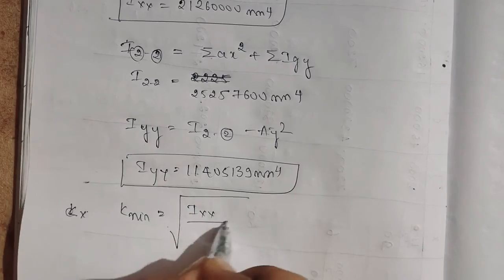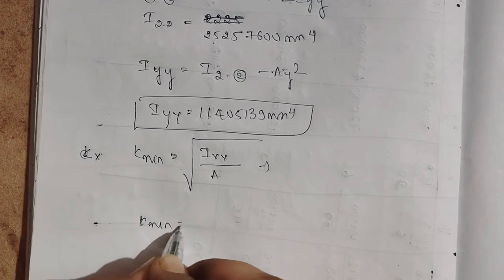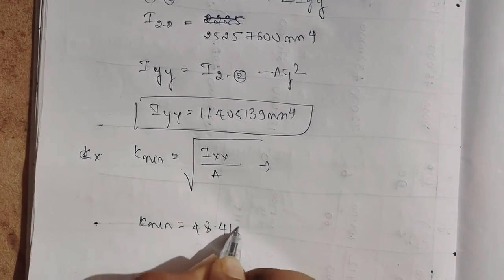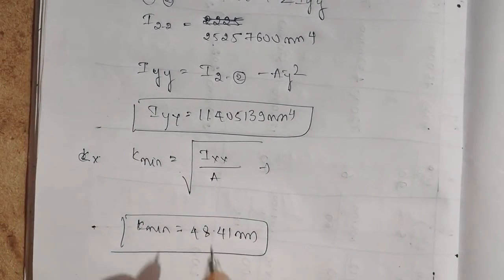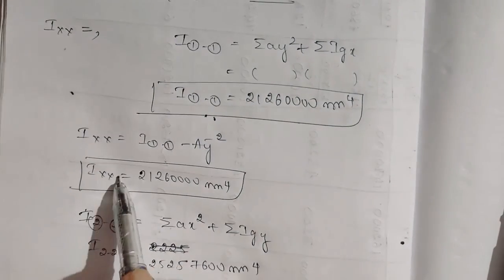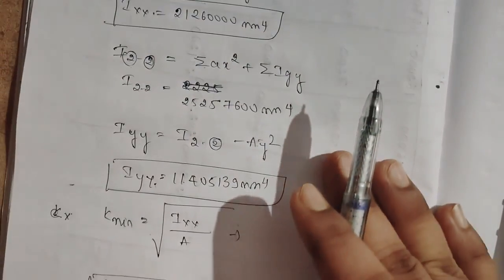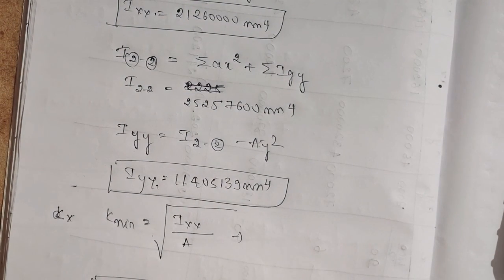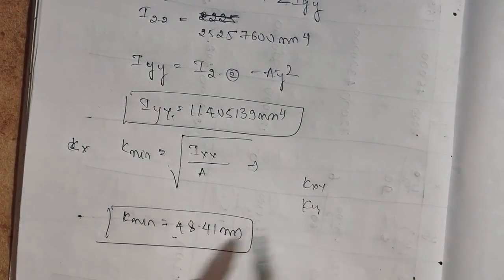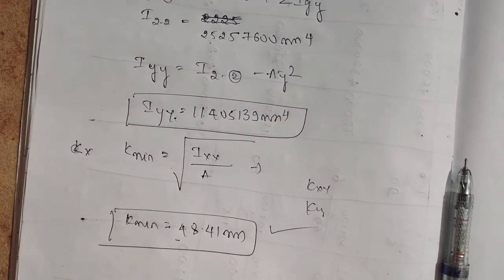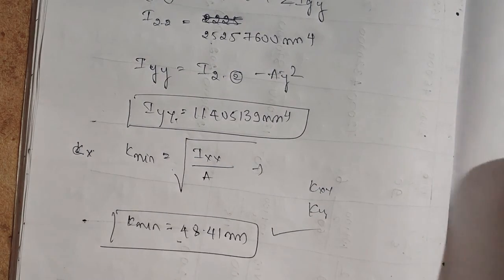IXX is the least by area, so k minimum is equal to 48.41 mm, the least value for k minimum. You can directly compare the values of IXX and IYY, or you can find both kxx and kyy and write the least value as k minimum, and you will get the solution for the problem.